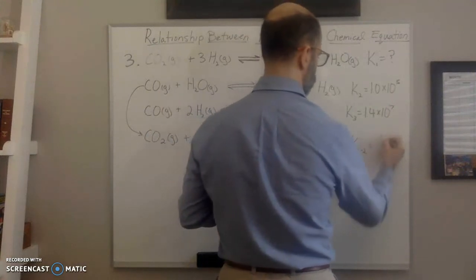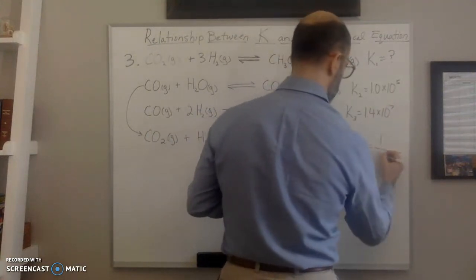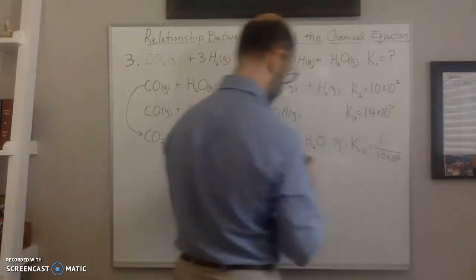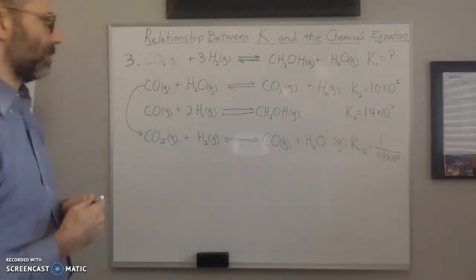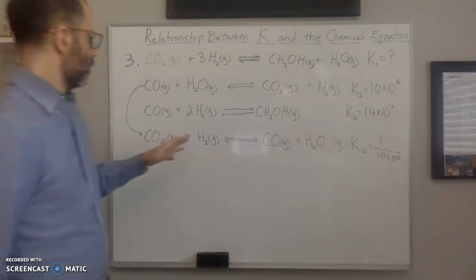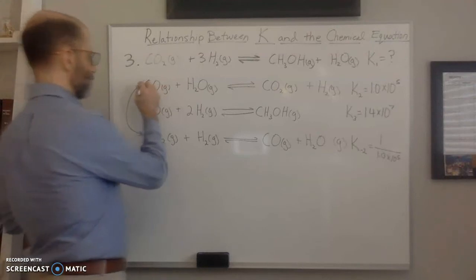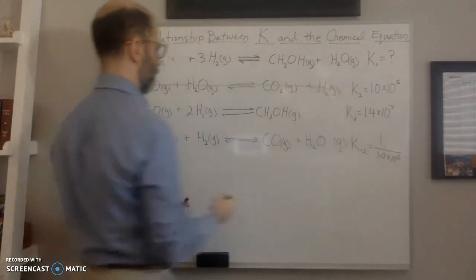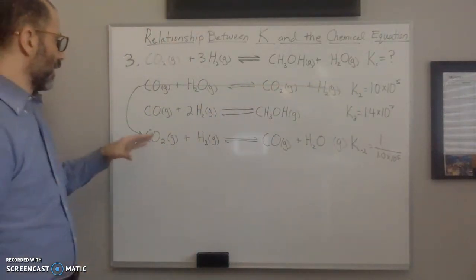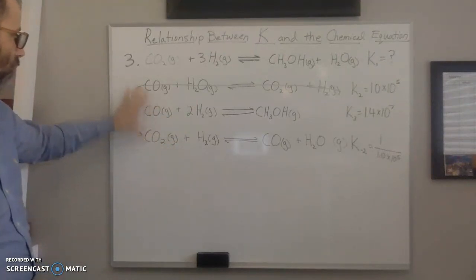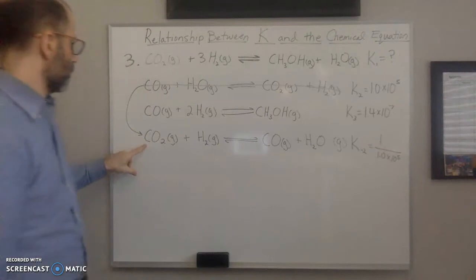And so that's going to be 1 over 1.0 times 10 to the 5th power. All right, good. So this one we're not going to use, since we flipped it, so we can ignore that one. Now we're looking at these two and seeing how these might add to that one.